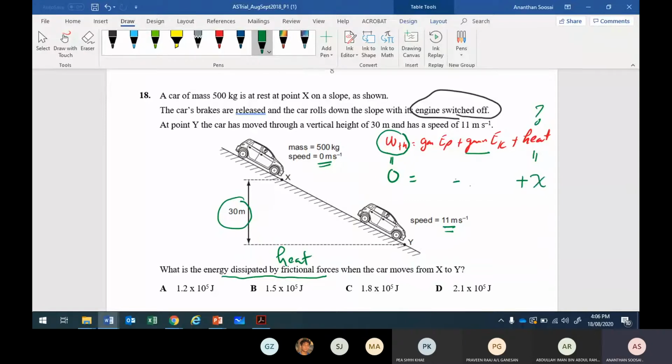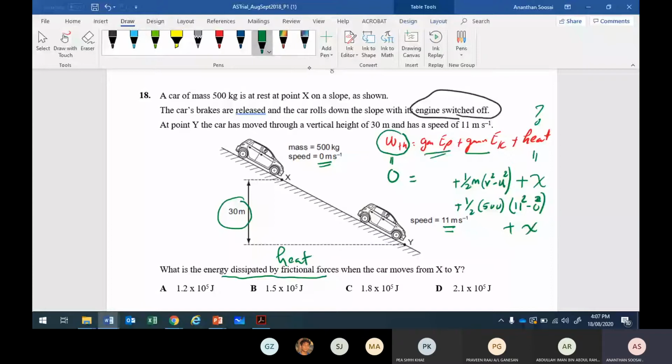If you know these two, we can find the X. What is the gain in kinetic energy? Half m v squared minus u squared is your gain in kinetic energy. So half times 500 times 11 squared minus 0 squared, plus X. And what is the gain in potential?